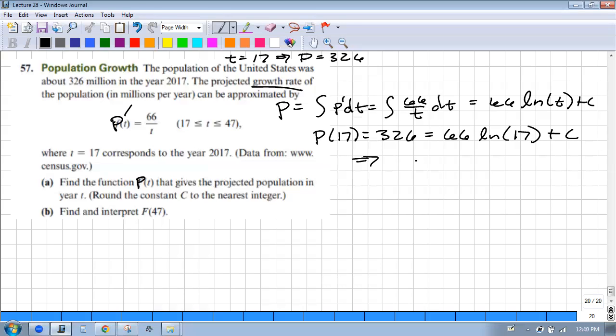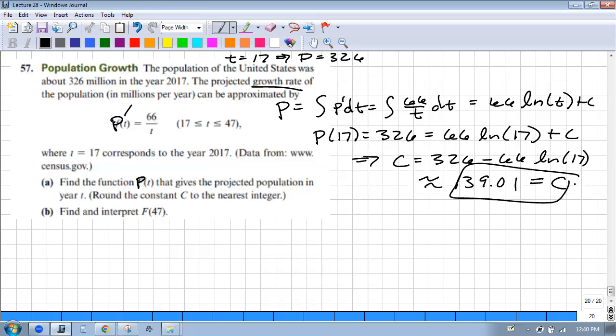That tells us that C is 326 minus 66 natural log of 17. See what that is. 326 minus 66 natural log of 17 is approximately 139.01. That's our C value.